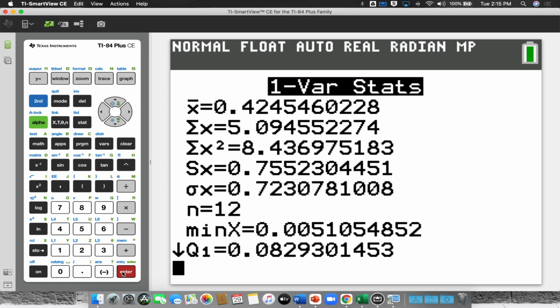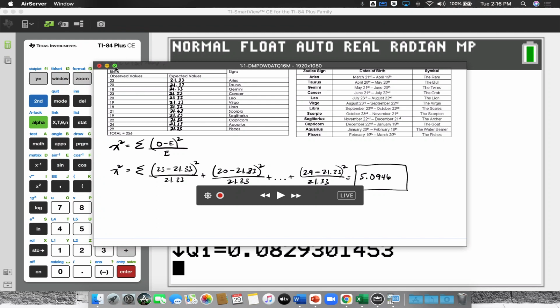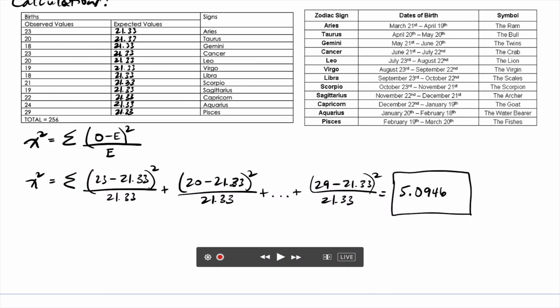There are two entries with sigma: one with sigma x squared, and one with regular sigma. I already squared them. That's what the formula did. So the one I'm looking for is the one without the square. 946. Okay. I already squared them, so I don't want to square them again.